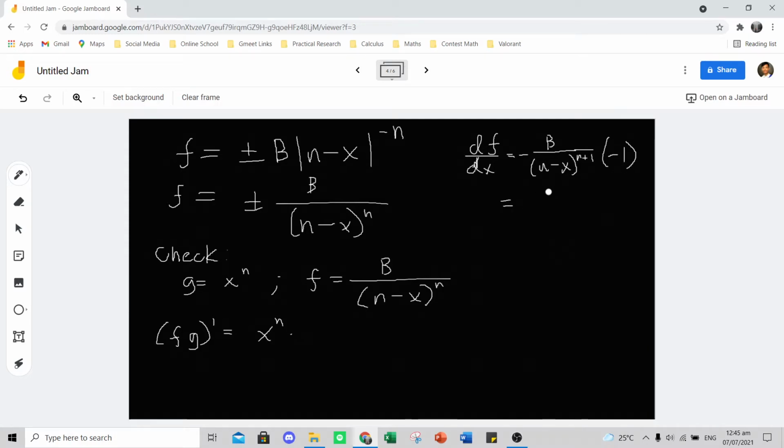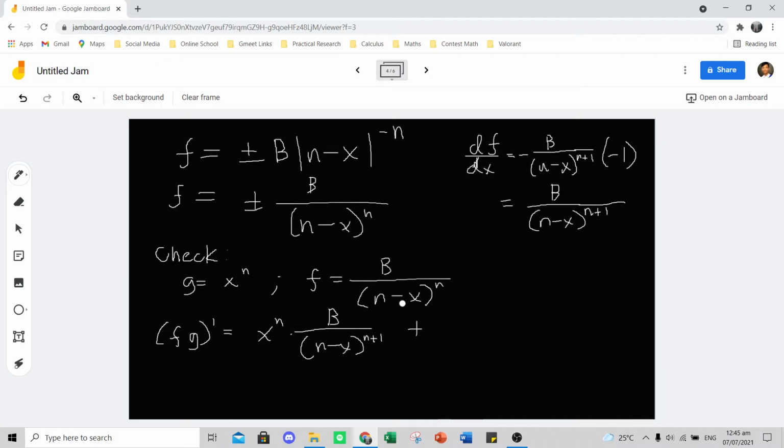So this is b all over n minus x raised to n plus 1, I think. Is it? Yeah. And we can multiply that. So we have here b all over n minus x raised to n plus 1.